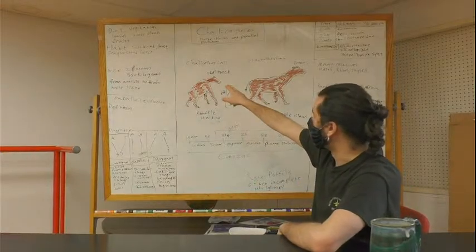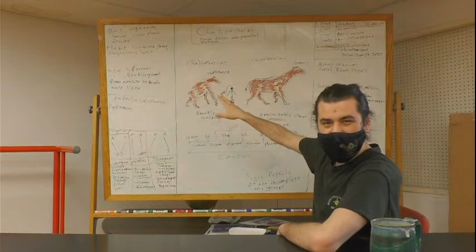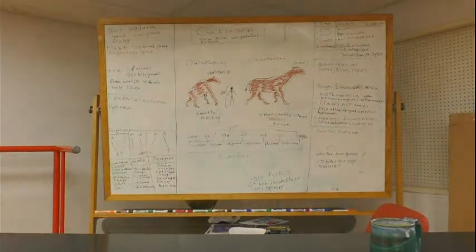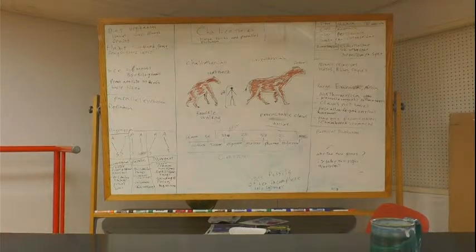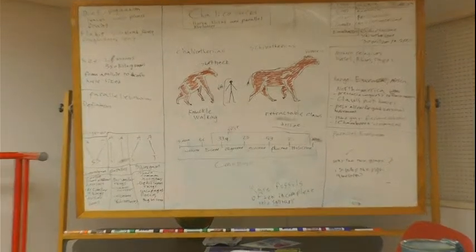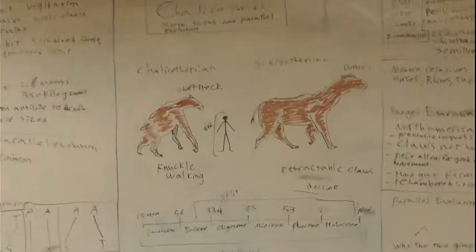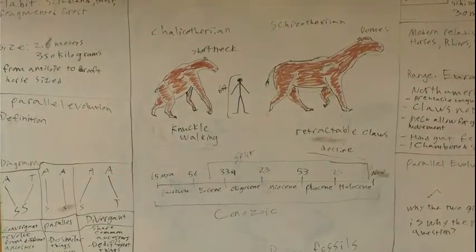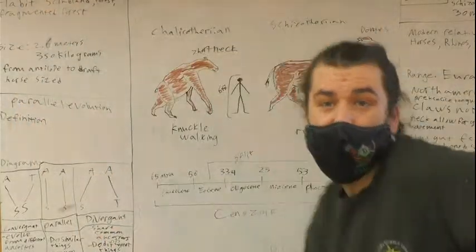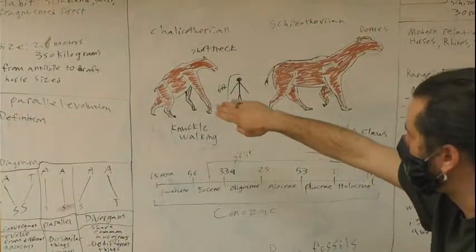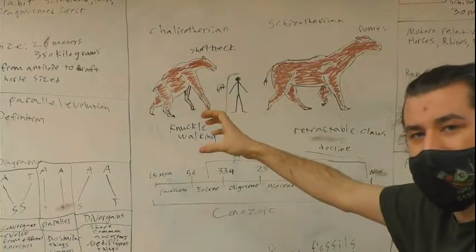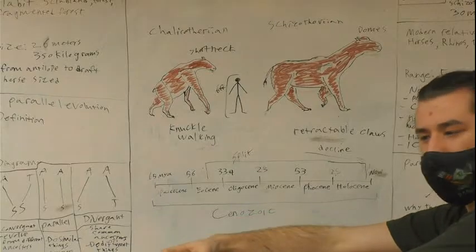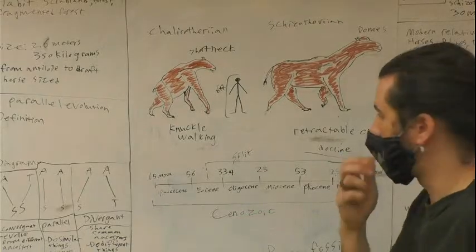So the Chalicotherians really look kind of odd. And I'm going to have to get up and zoom in on the camera for this. So, the Chalicotherians, you'll notice, have a very sloped back. They had much shorter hind legs, and they had these very long front legs, almost like gorilla arms.